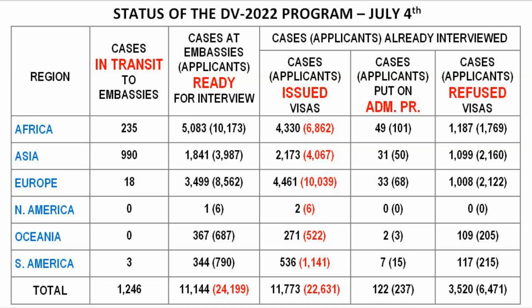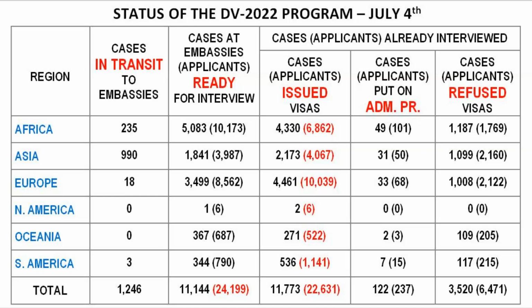Now at the bottom of that column, we have the total of 22,631 diversity visas that have been issued across all regions in the DV 2022 program at the end of Monday, July 4th, 2022.